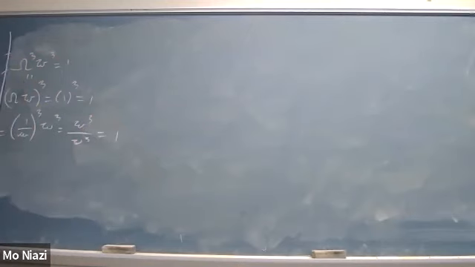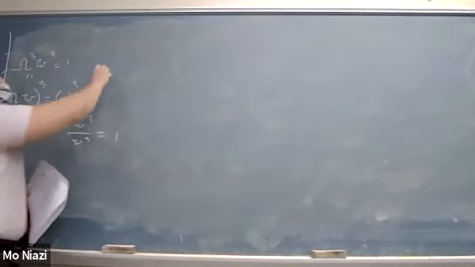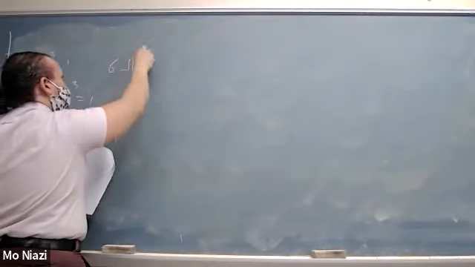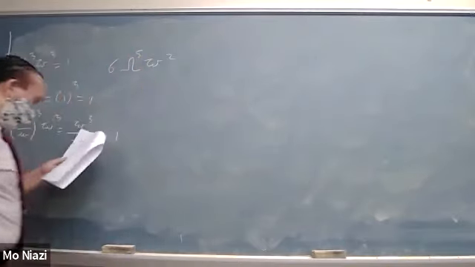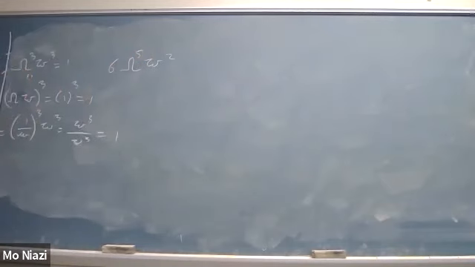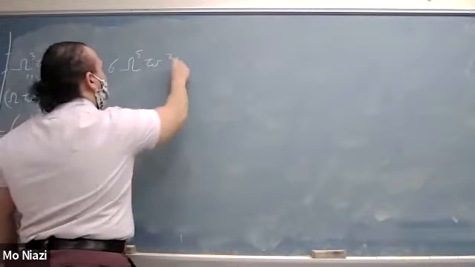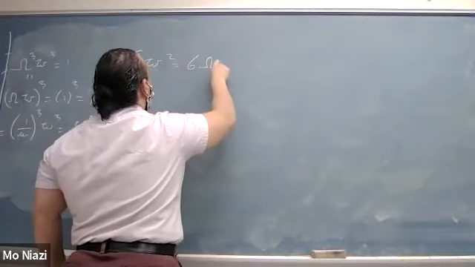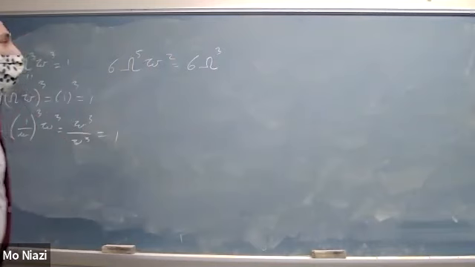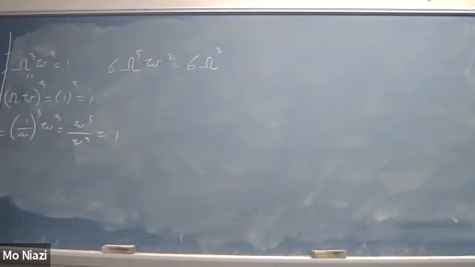Either way. So what about 6 capital omega to the 5th times omega squared? Very good. So the arithmetic is sinking in. You guys are comfortable with the arithmetic.